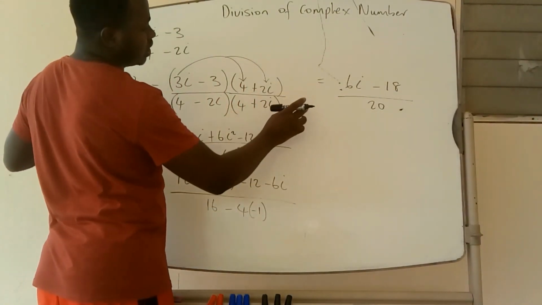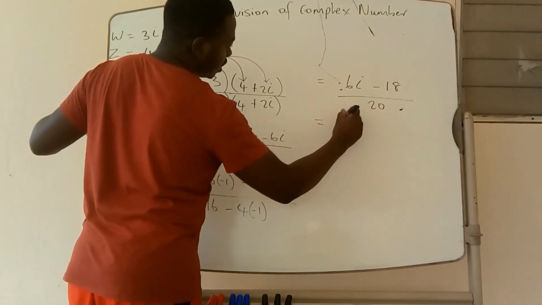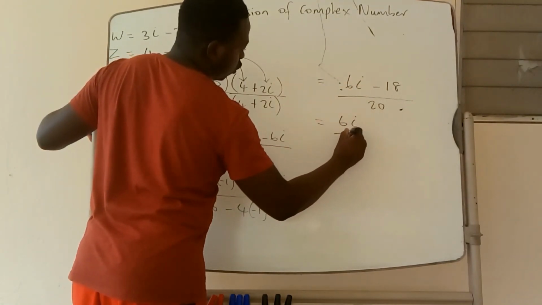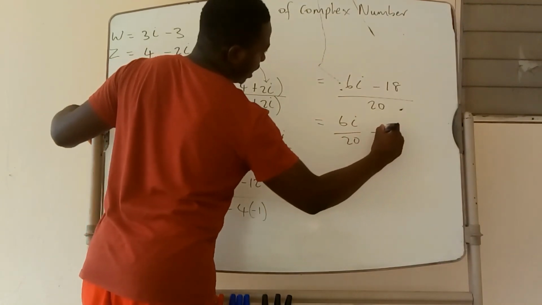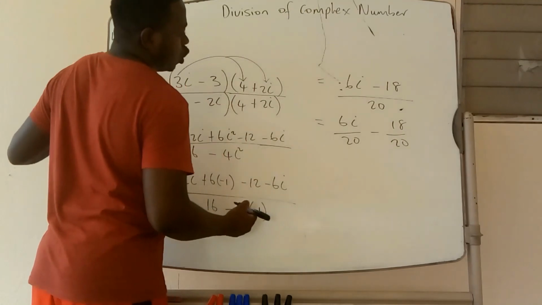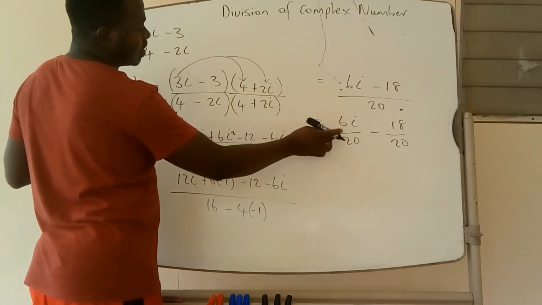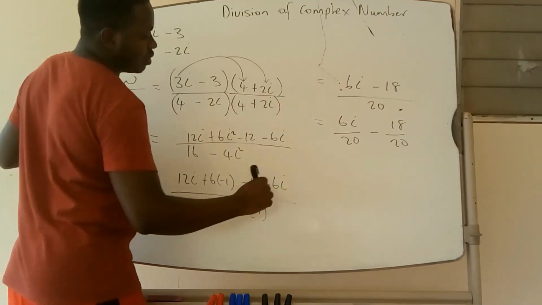Now we can always split this. So if we split this, this is going to be 6i over 20 minus 18 over 20. We can reduce these fractions, right? Both 6 and 20 can be divided by 2.